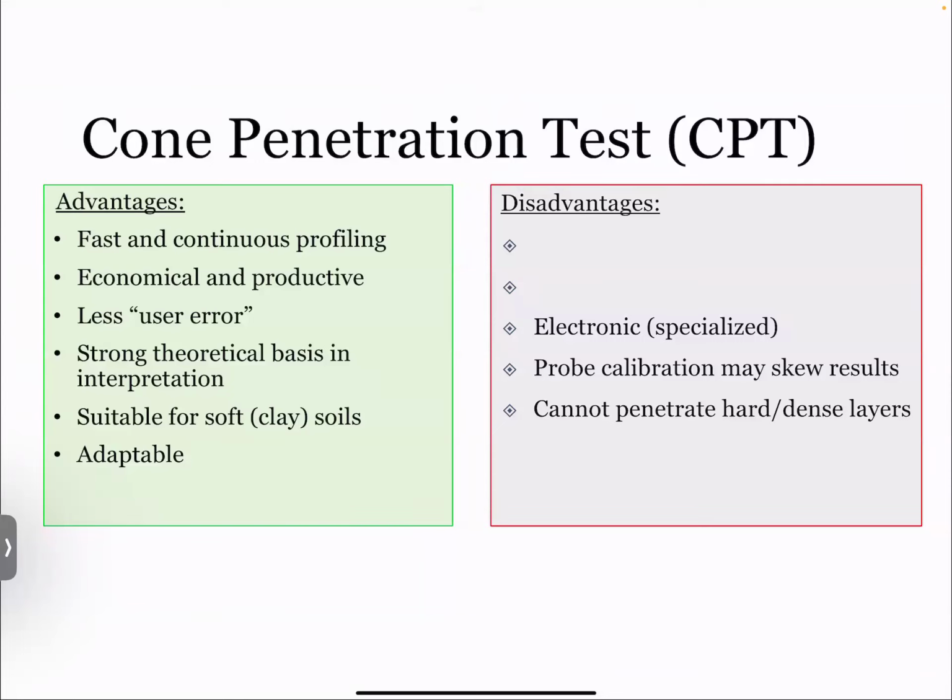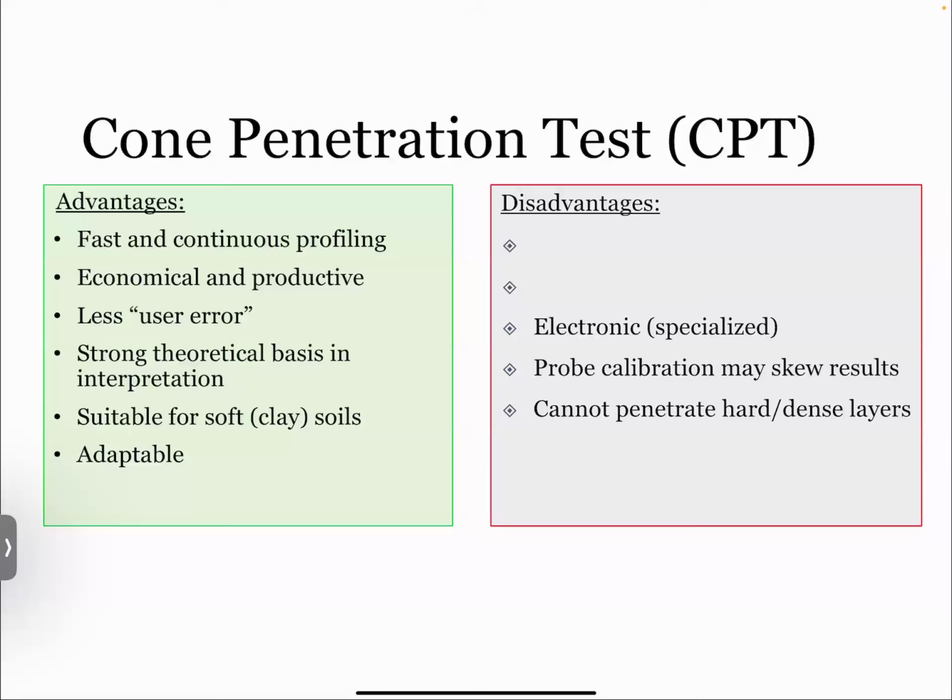So it's relatively fast. It does continuous profiling. Remember the strength values for a standard penetration test were every 2.5 to 5 feet. This is giving us strength values every 1 to 2 inches. So we have a lot of data, a continuous profile, and a lot less of a chance that we miss some problematic soil.